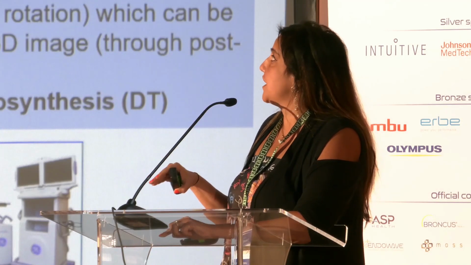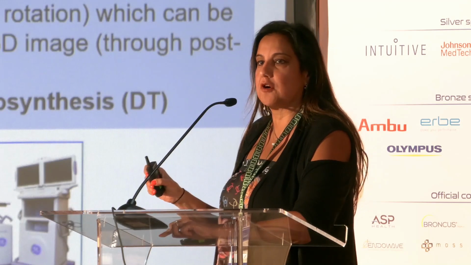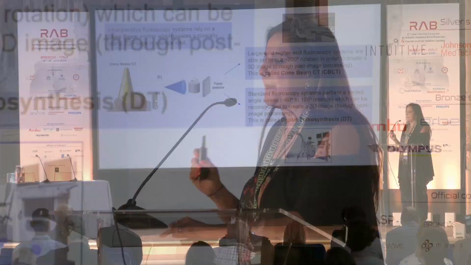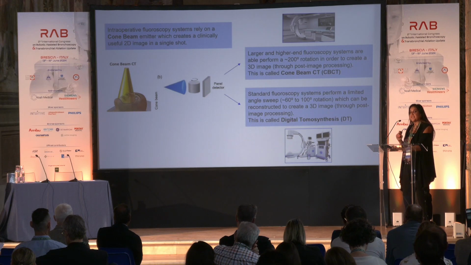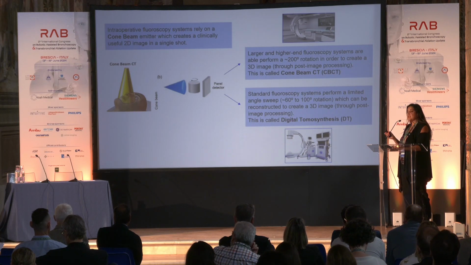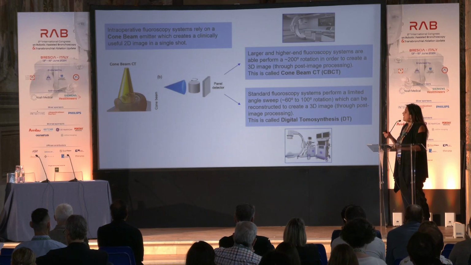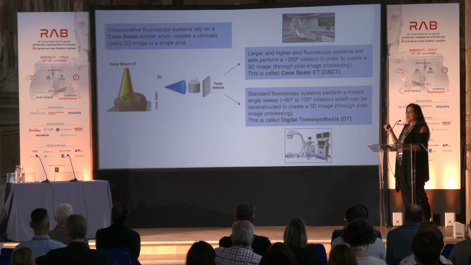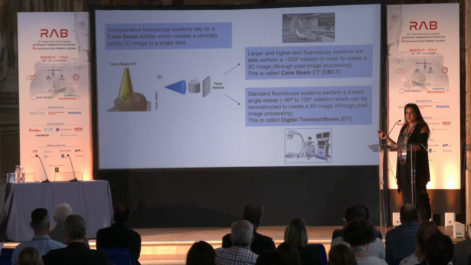Every fluoroscopy machine has a cone beam emitter in it, so your regular fluoro machine has a cone beam emitter in it. And what determines if it is cone beam CT versus tomosynthesis is simply the degree of the spin that you're doing around the patient. If you're doing a 200-degree rotation around the patient, that is cone beam CT imaging.